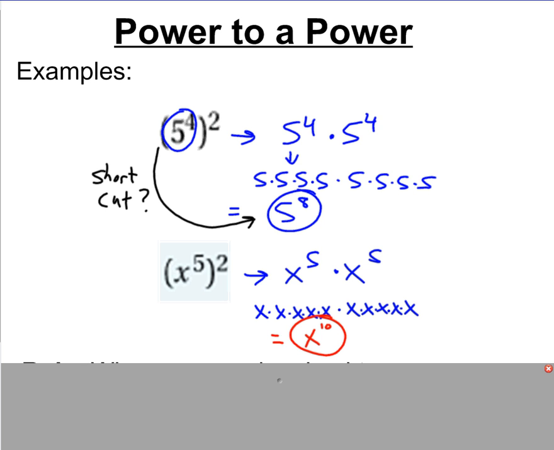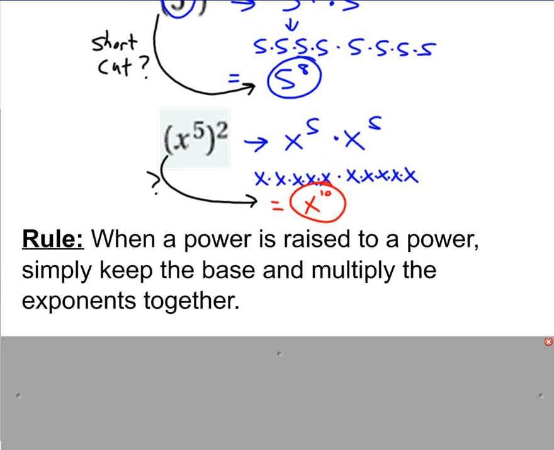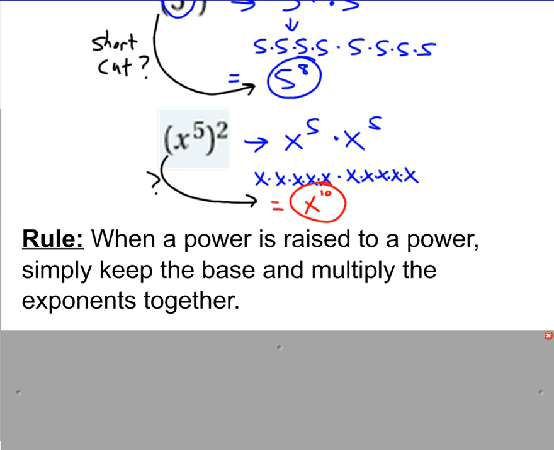Now again, from here to here, was there a shortcut? Well, if you found it, there is one. Here is the power to a power rule. A power raised to a power.